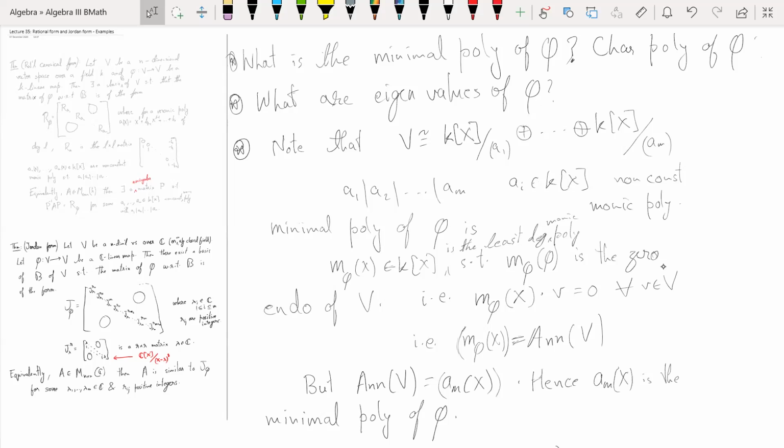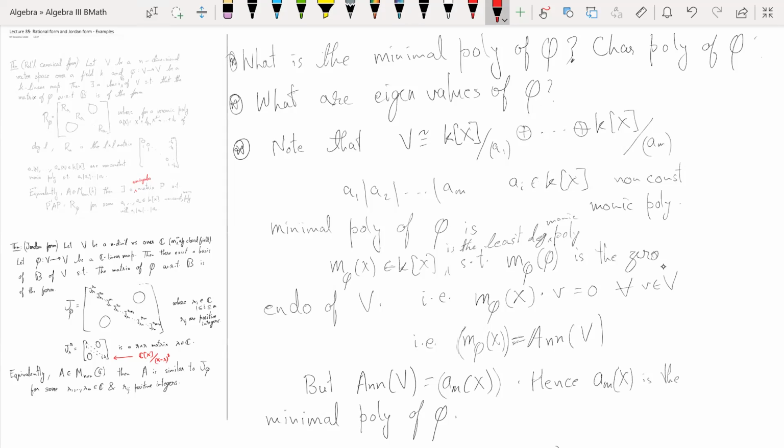Yeah. So first, for instance, the minimal polynomial of phi, you can read it out from the rational form. Eigenvalues of phi, you can read it out from the Jordan form and so on. So let's just see how. Note that V is isomorphic to k[x]/(a1) up to k[x]/(an).